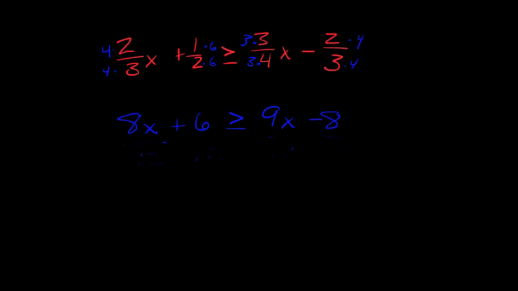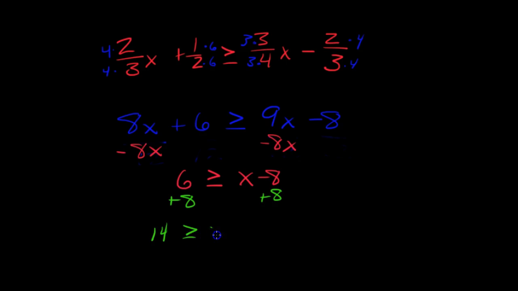Suppose we subtract 8x from both sides. We get 6 is greater than or equal to x minus 8, and then we add 8 to both sides. We get 14 is greater than or equal to x.